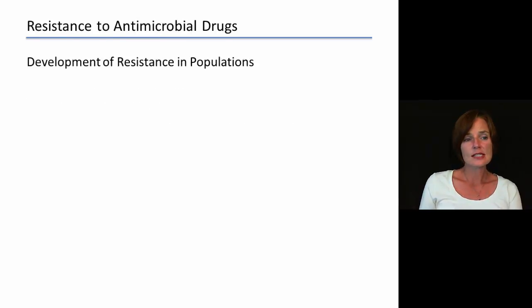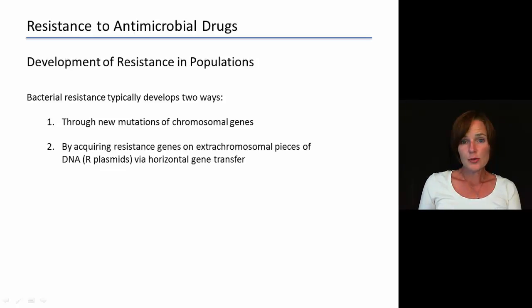If we talk now about resistance to antimicrobial drugs, it can be a real problem. And this resistance can certainly develop in populations, and this is something that we do see quite commonly. Bacterial resistance tends to develop in two main ways.